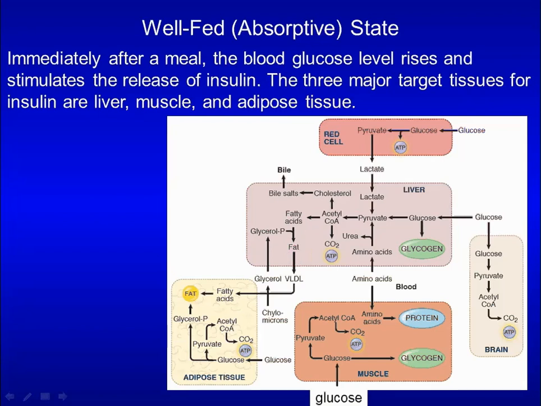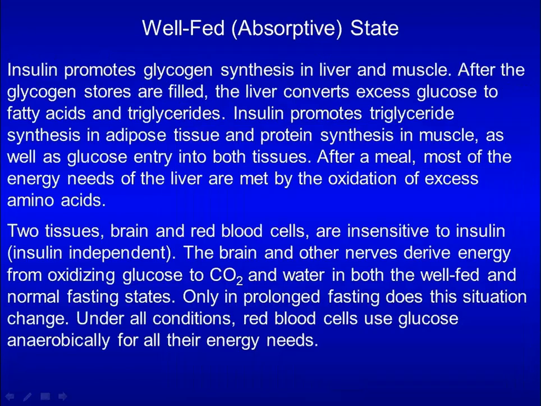Insulin promotes TAG synthesis in adipose tissue and protein synthesis in the muscle. Insulin also promotes glucose entry into muscle and adipose tissues. This information is summarized in this slide.